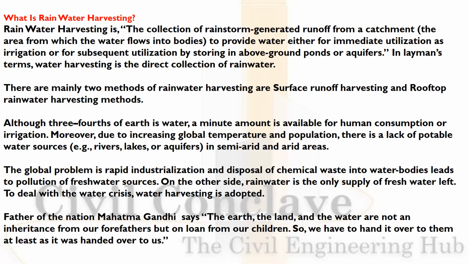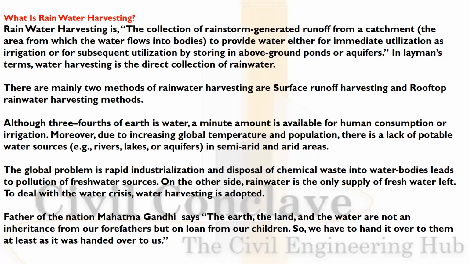There are two methods of rainwater harvesting system known as surface runoff harvesting and rooftop rainwater harvesting. Although three-fourths of the earth is water, only a minute amount is available for human consumption or irrigation.